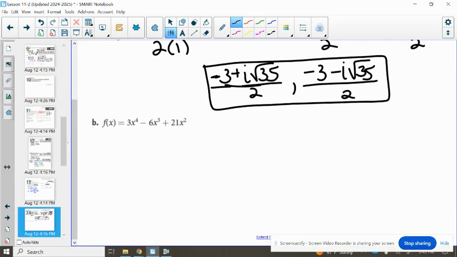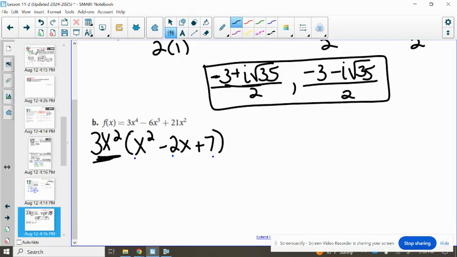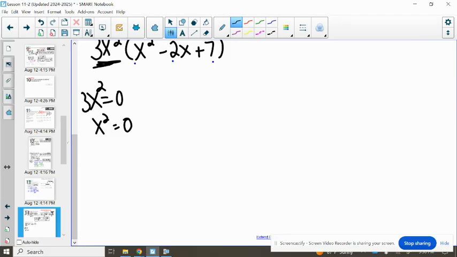All right, down in letter B, we can start by factoring out a GCF of 3x squared. And what this does is it at least allows us a little bit of a breakdown here. However, we still get then this non-factorable term here. So one piece we still have to be careful of is the fact that 3x squared equals 0. So x squared equals 0 when we divide over the 3.